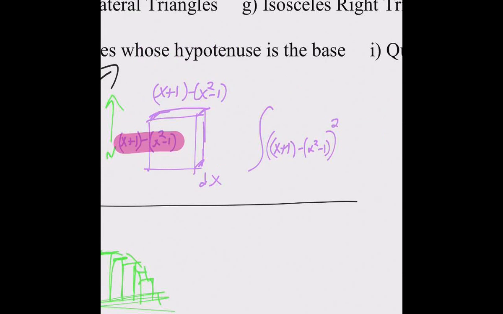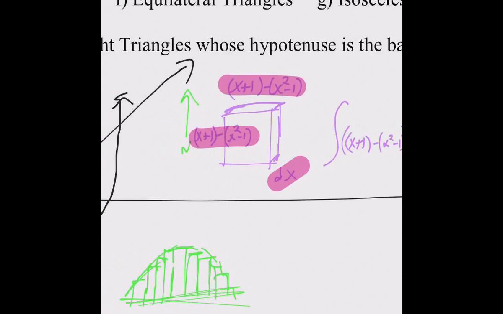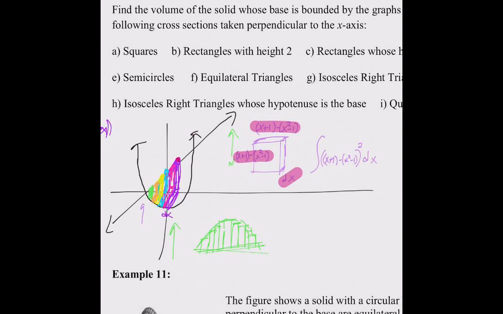Remember? Side times side times side. The length times width times height. This is my height. There's my depth right there. If I can create the volume of one of the shapes, an integral on the appropriate interval, which for us is from -1 to, when do they intersect again?